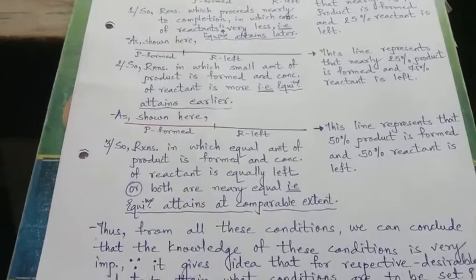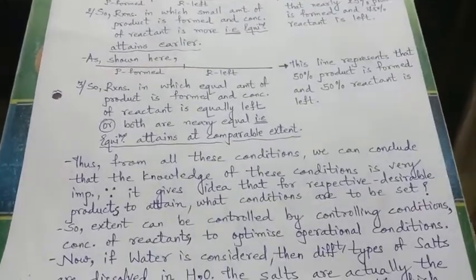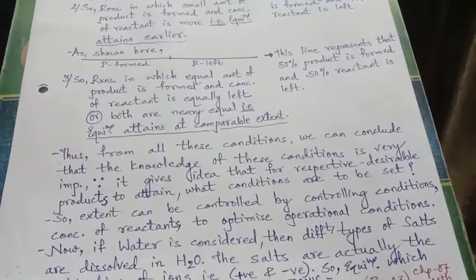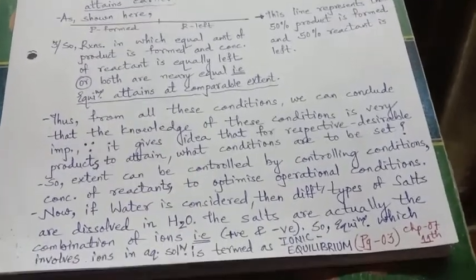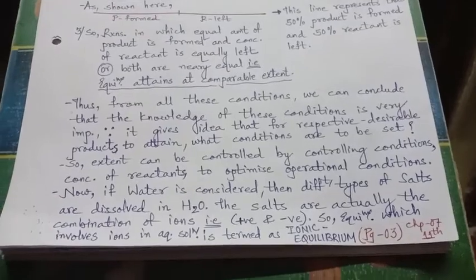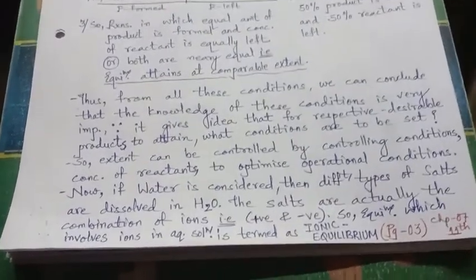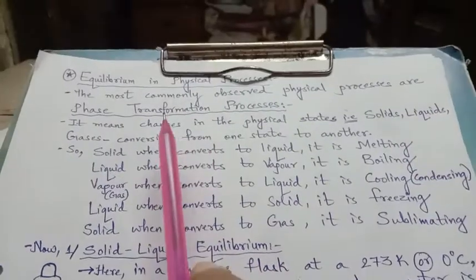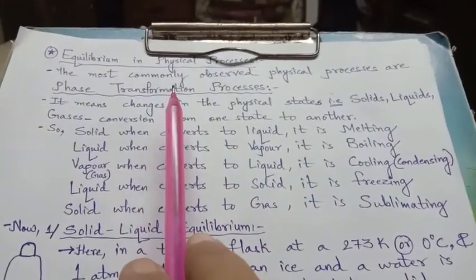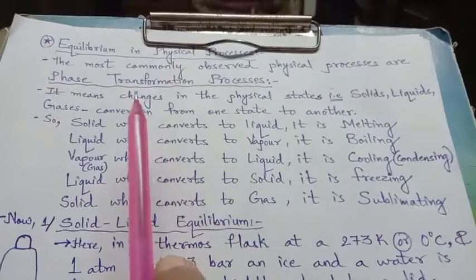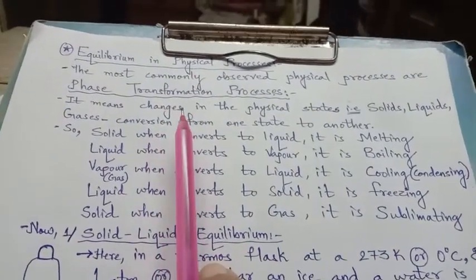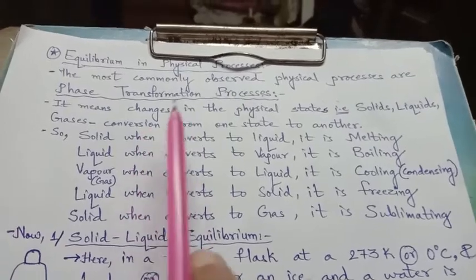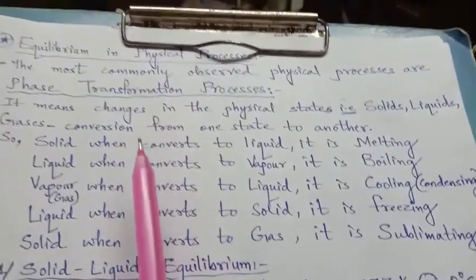And here the equilibrium in an aqueous solution which contains salts of positive and negative ions, when it attains equilibrium, is ionic equilibrium. As I told in the previous video, yesterday's video, equilibrium is possible in both categories, that is physical processes and chemical processes.